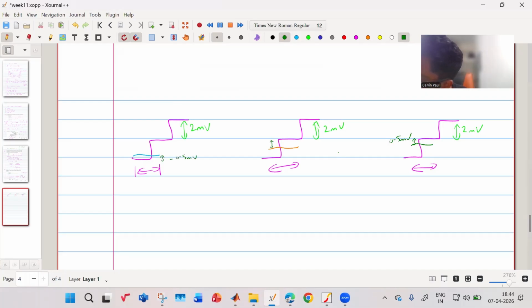But this error is 1 millivolt. So when the signal is at the center, in between, the error is maximum. The maximum error possible is 1 millivolt because your quantization step is 2 millivolt.